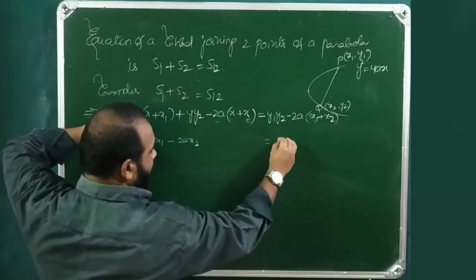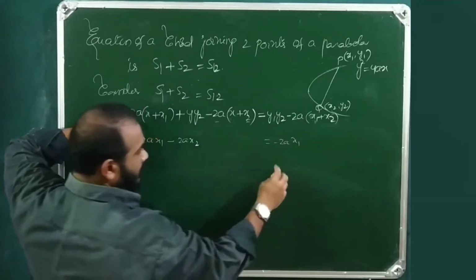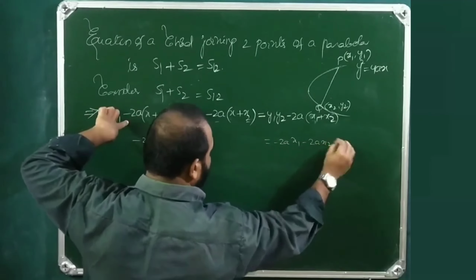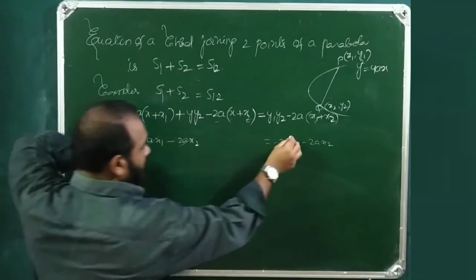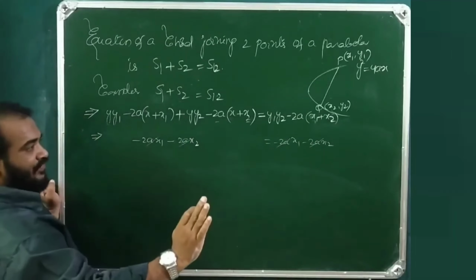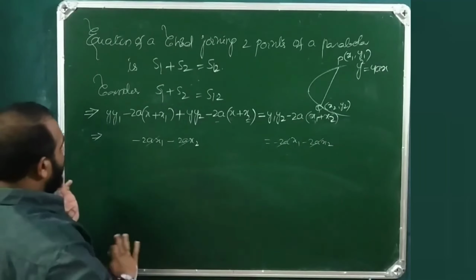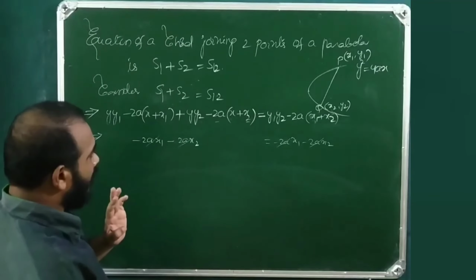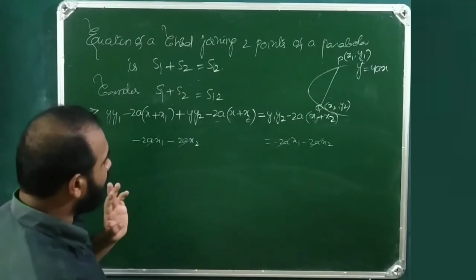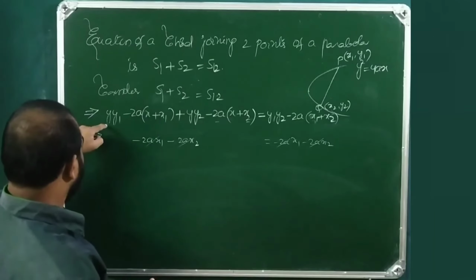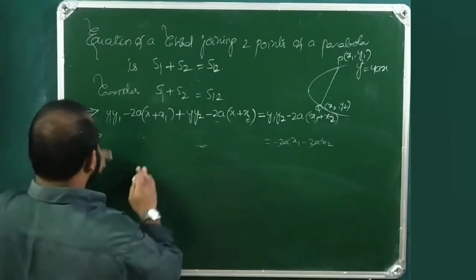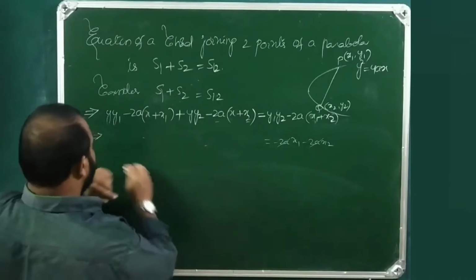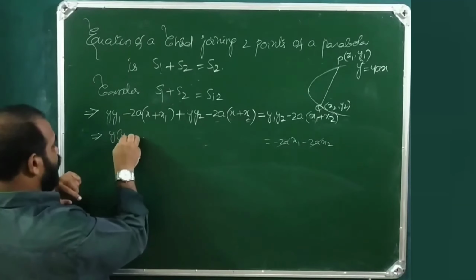Here minus 2a x1, minus 2a x2, which means these are getting cancelled. And what we are left with here is y1 here, y2 here, so y times (y1 plus y2).